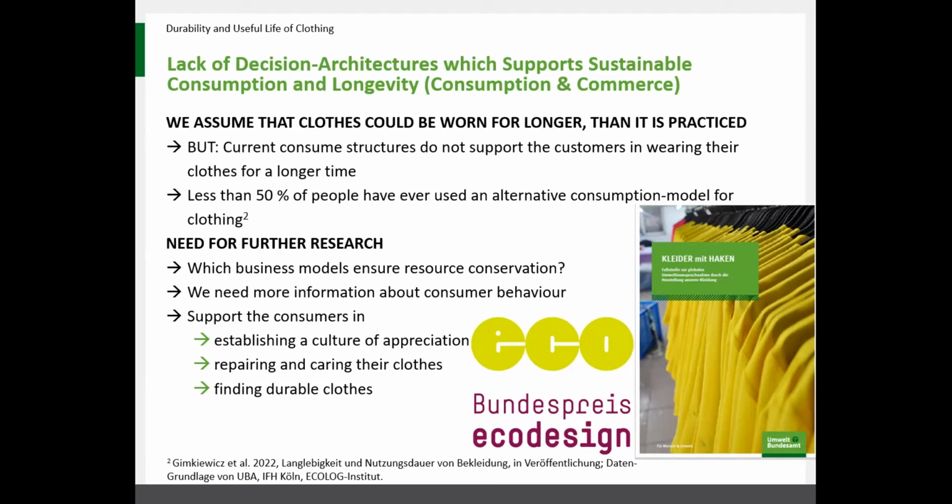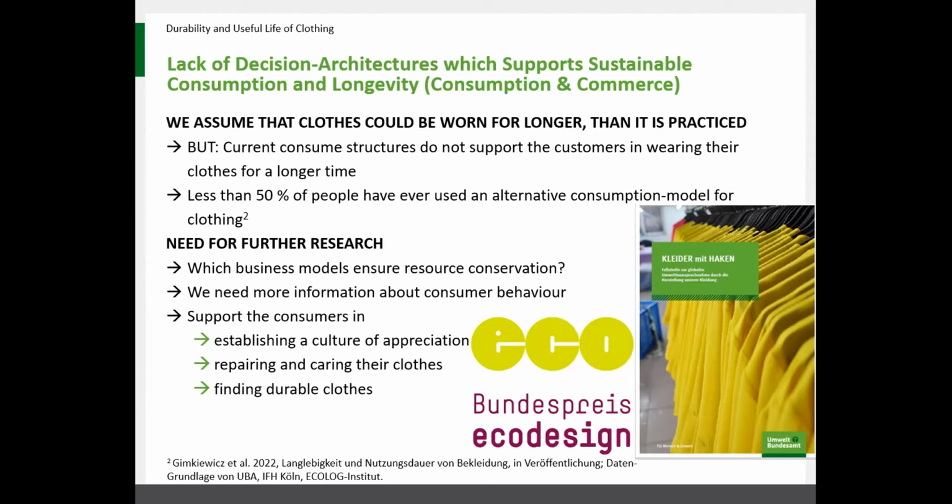But our current consumption structures don't support the customers in wearing their clothes for a longer time. Less than 50% of people have ever used an alternative consumption model for clothing, like secondhand, rental models or sharing models. And referring to statements of some fashion corporations, these business models are not connectable to their current growth-oriented markets.